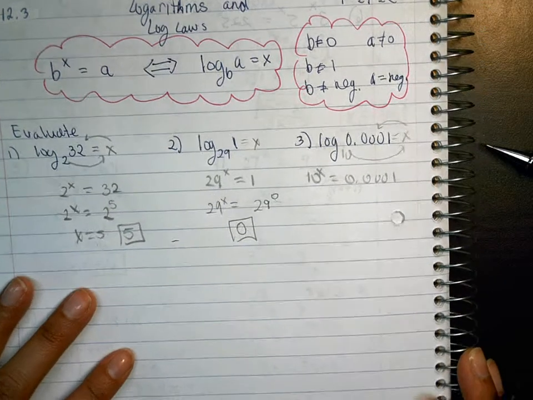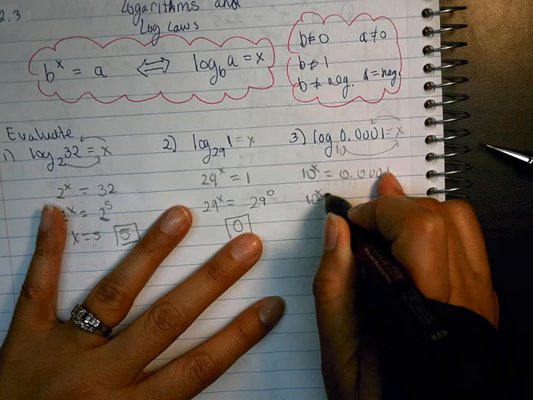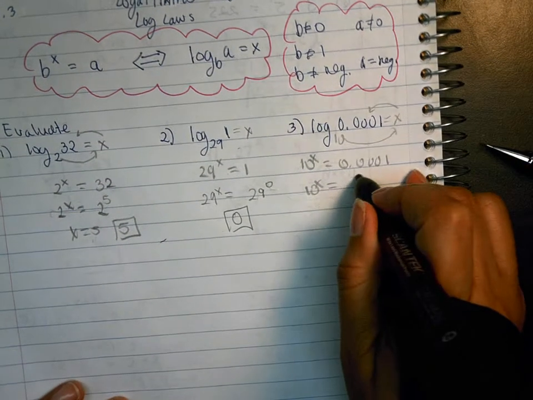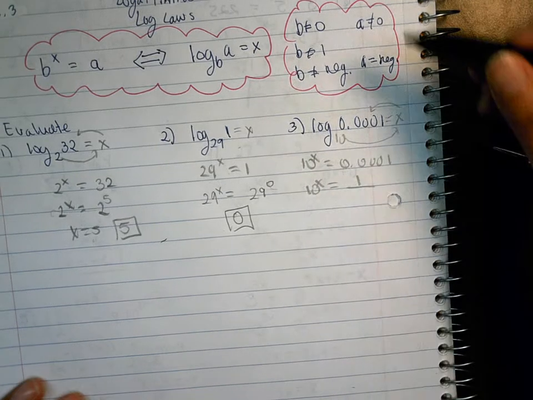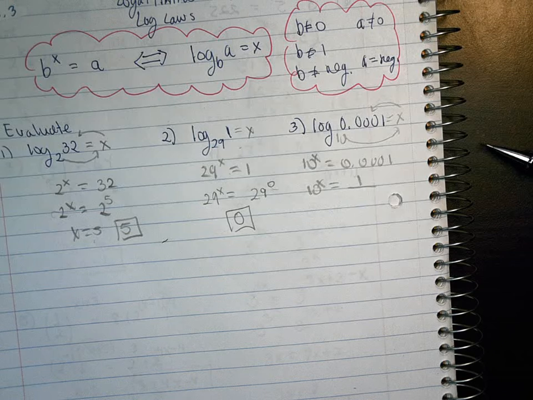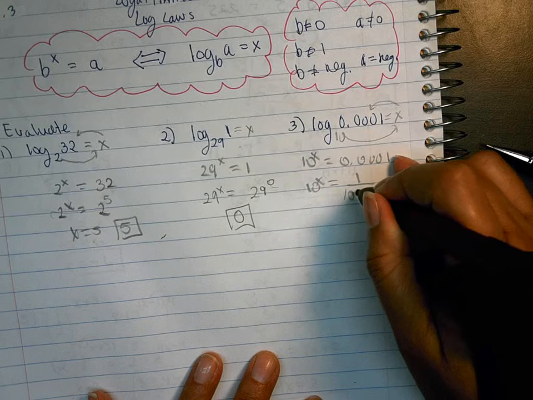We did these before spring break. 0.0001 is 1 over what? Figure out what decimal place it is in. 10,000's place? Yes, so 1 over 10,000.